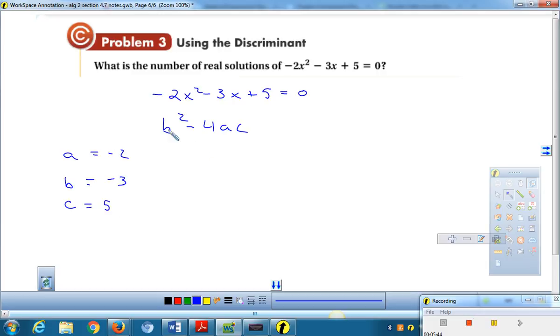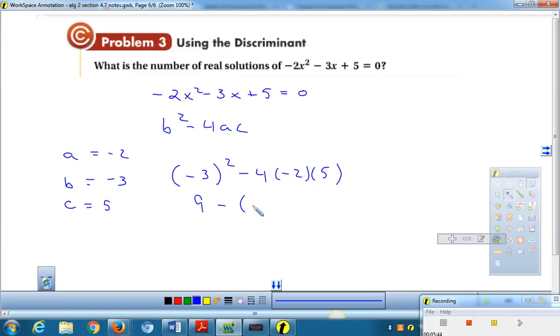So we just plug in b squared. Remember your parentheses around your b, always. Negative 3 squared minus 4 times negative 2 times 5. So this comes out to be what? Positive 9 minus 4 times negative 2 is negative 8 times 5, negative 40.